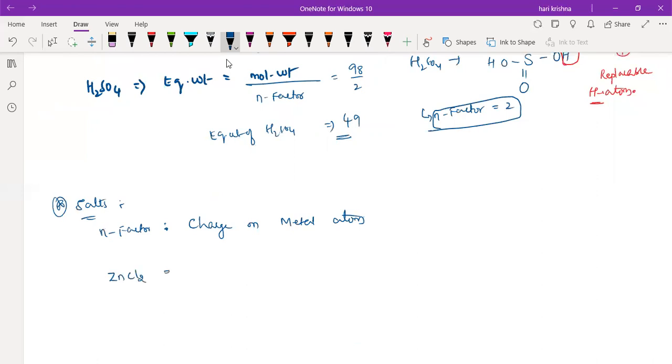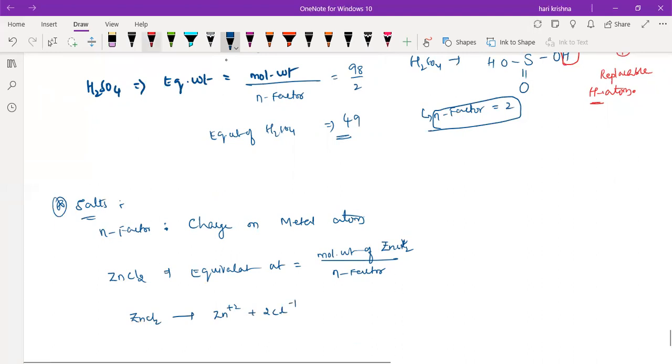Suppose you have taken ZnCl2. How to find the equivalent weight? Molecular weight of ZnCl2 by n factor. But if you dissolve ZnCl2 in water, what will you get? You will get Zn plus 2 and 2Cl minus 1.